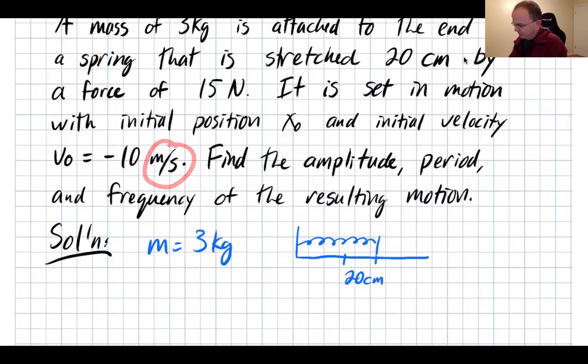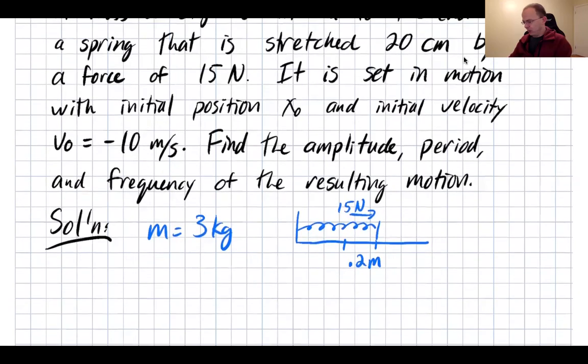So we're going to have meters per second. So let me convert this into meters right away. So this will be 0.2 meters. So this stretching of the spring by 0.2 meters happens with a force of 15 newtons. Okay, so I guess we have to figure out what the spring coefficient is.